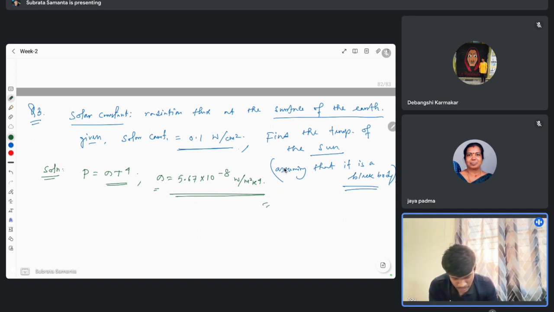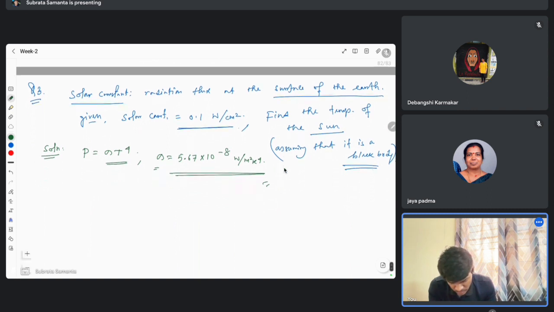Okay, so now if you calculate the power, the solar constant, the radiation flux at the surface of the earth.